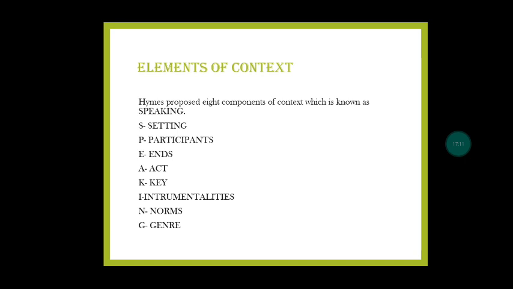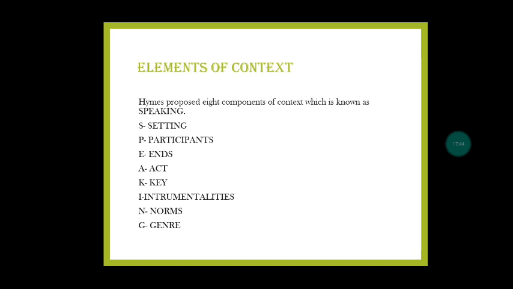Now, P, participant. It includes the speaker and the audience, so this is about who is involved in a speech act. Now, ends refers to the goals or purposes of a speech act. Act refers to the sequence of a speech act that makes up the event.